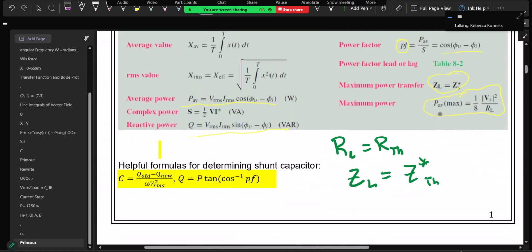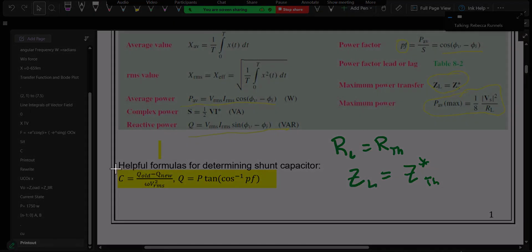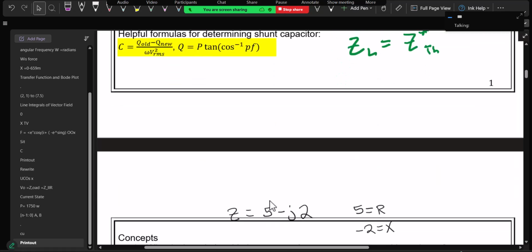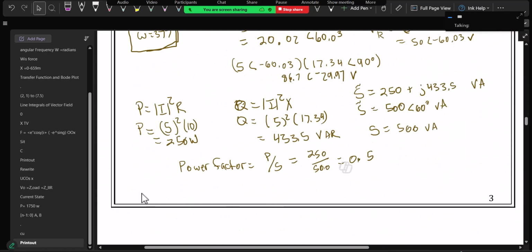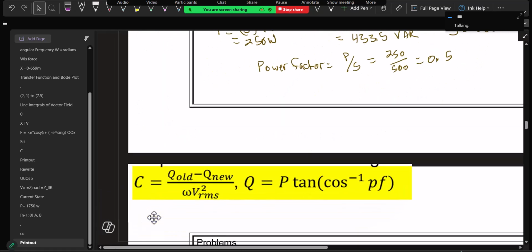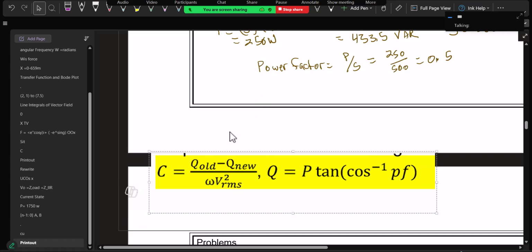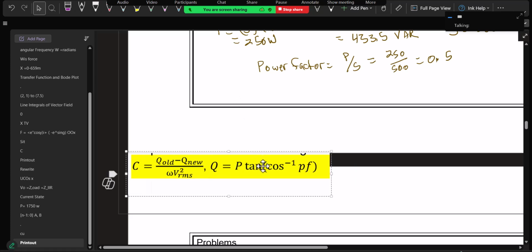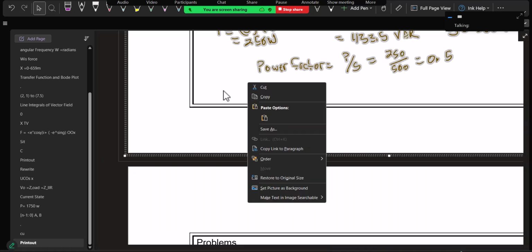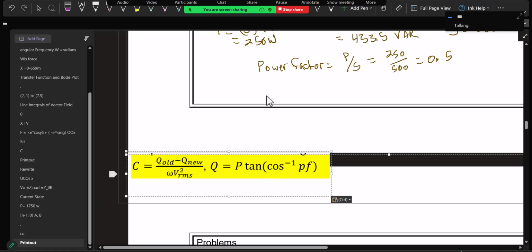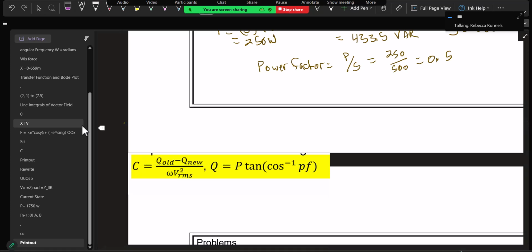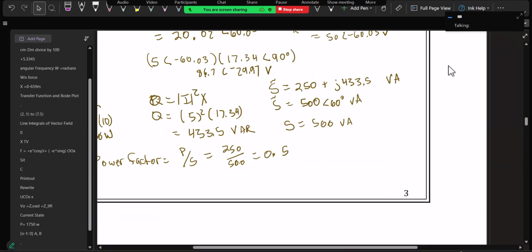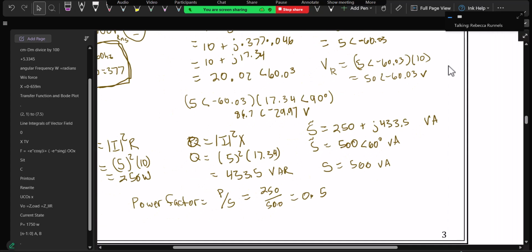So what we would need to do is this. We know what the current Q is: 433.5.